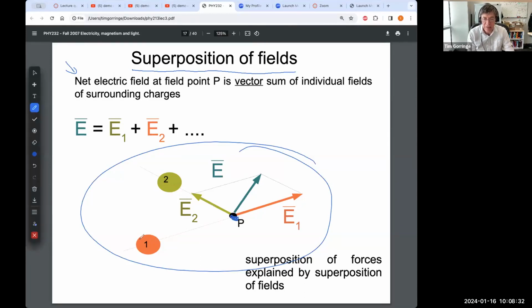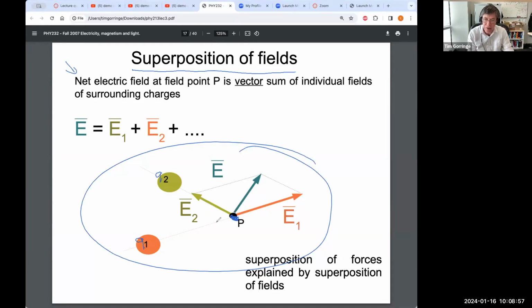There's a charge Q1 here, and there's another charge Q2 here. These two charges create two electrical fields, and the total electrical field at the field point P is going to be the superposition of those two fields.